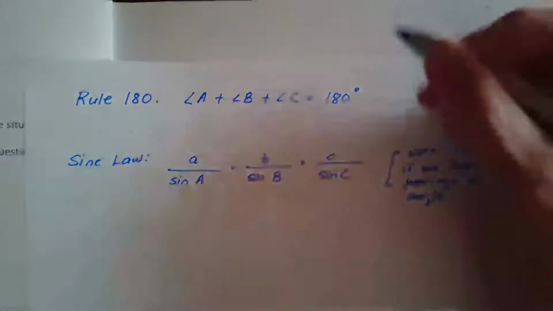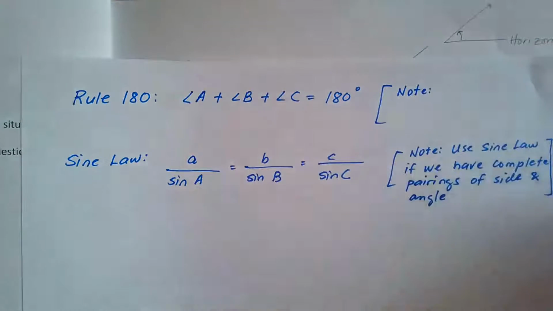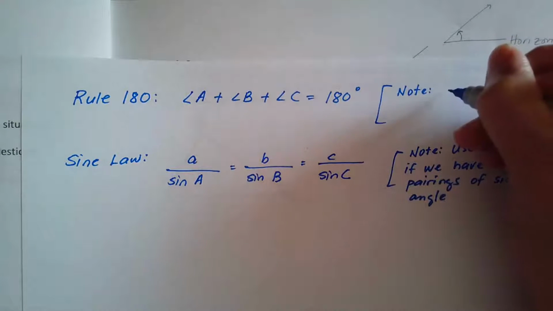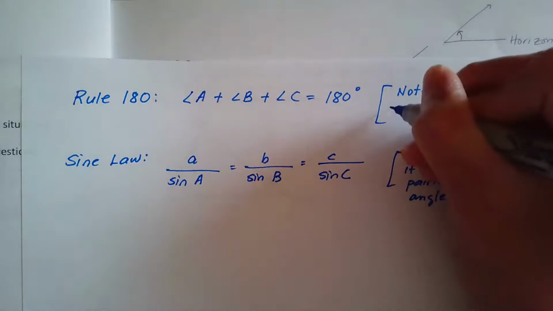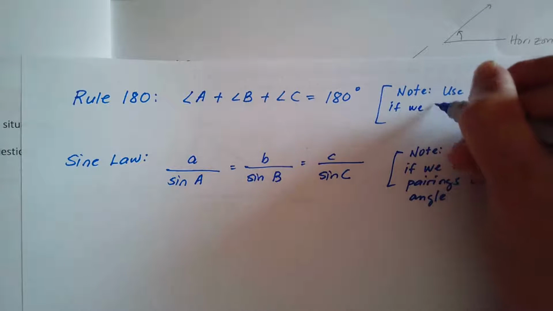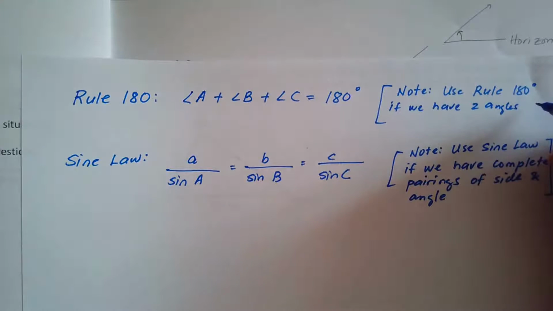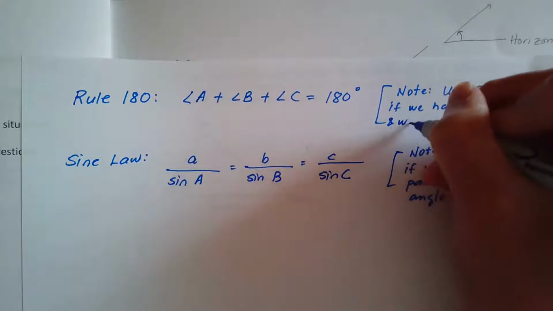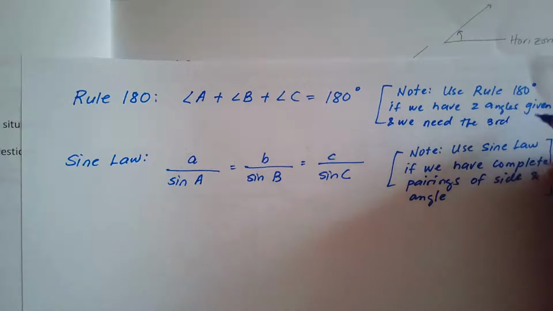We're going to use Rule 180. I'll just write it down here, as part of the notes. Note here: use Rule 180 if we have two angles given and we need the third angle.